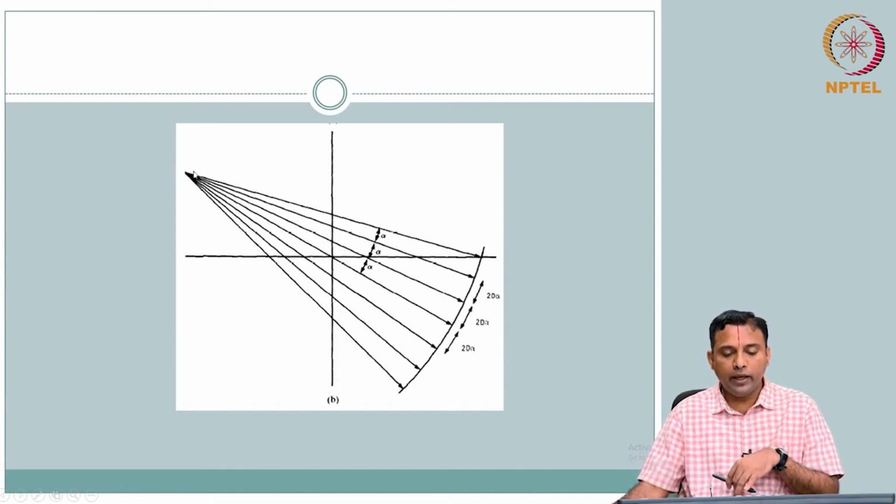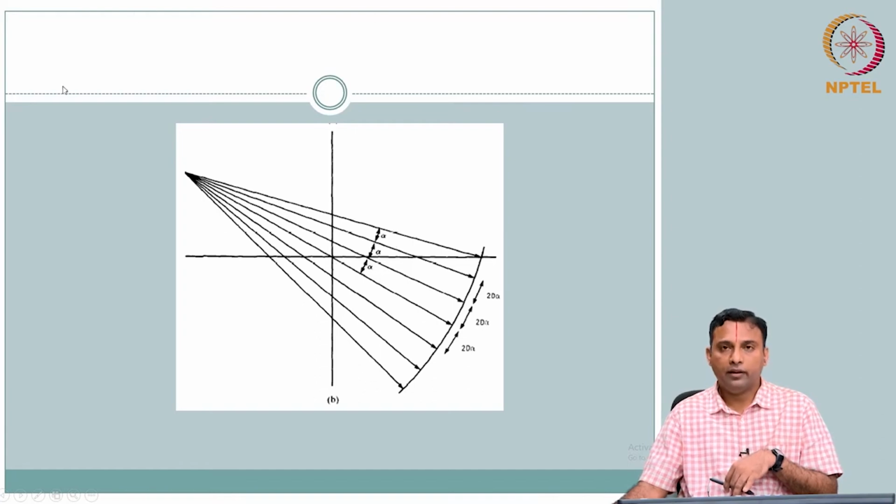Now I need some way to tell which is my view angle, right? This is going to rotate around the patient. So I need to know the view angle, which is where this source is, which angle is it, right? And then how far the source is from this ISO center, how far the detector is from this ISO center, how far these lines are from the ISO center.